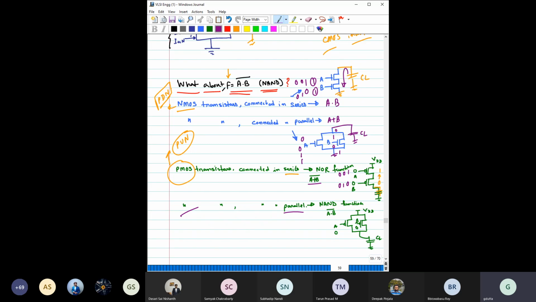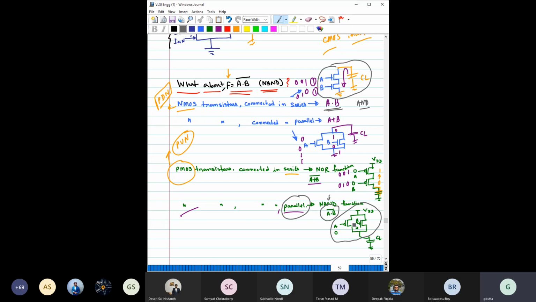So if you try to now generalize this discussion, then what you will observe from here, which color to pick? Yeah, let's pick this ash color. So you can see from here, if you are connecting two NMOS in series, that basically gives you AND operation. Now, if you connect two PMOS in parallel, like this configuration, that would give you a NAND operation, right?